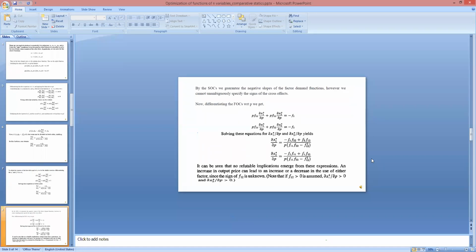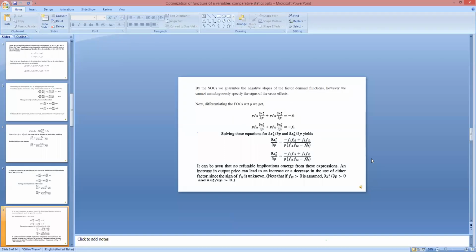So if commodity price increases, it is rational that the producer will sell more of the concerned commodity. Now, if the producer sells more of the concerned commodity, in that case, there will be an increase in input demand.